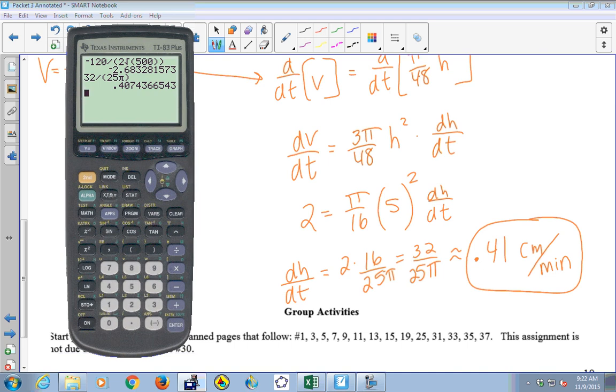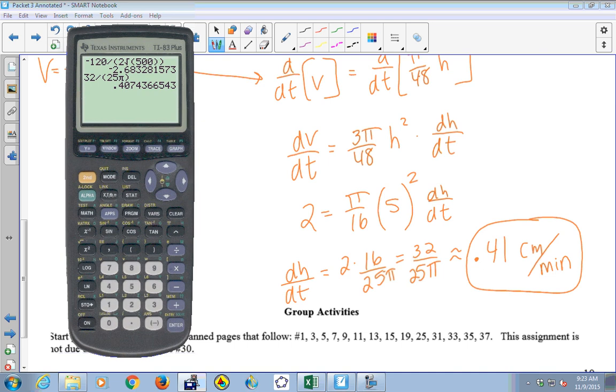Sure, the whole process. The time derivative of any variable that is not t, you have to use the chain rule. So if this said d dV of V, the answer would just be 1. But because it's d dt of V, it's 1 times the derivative for the chain rule.